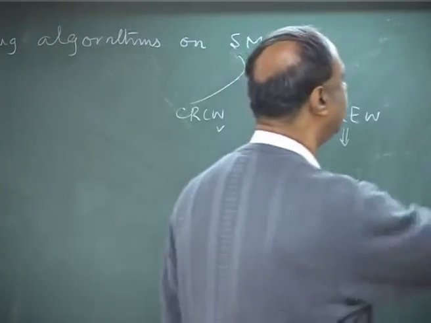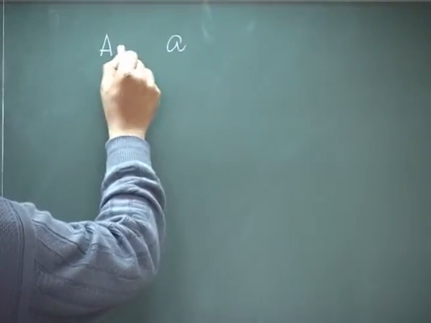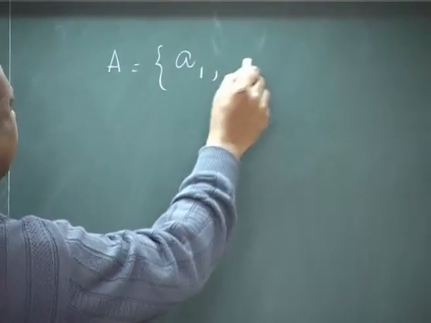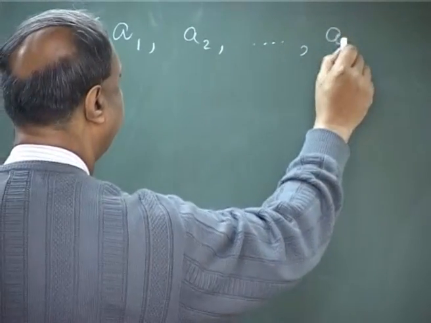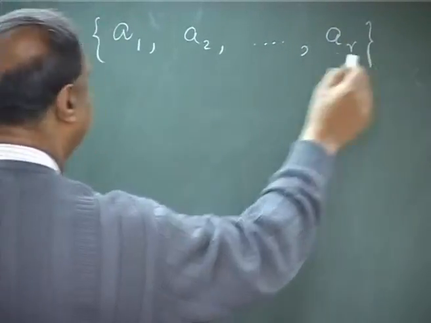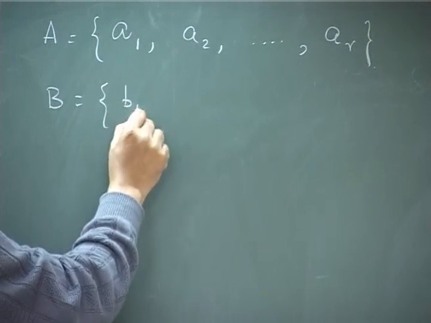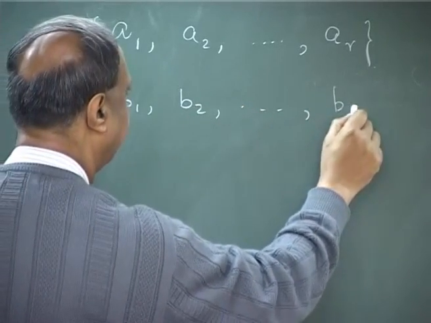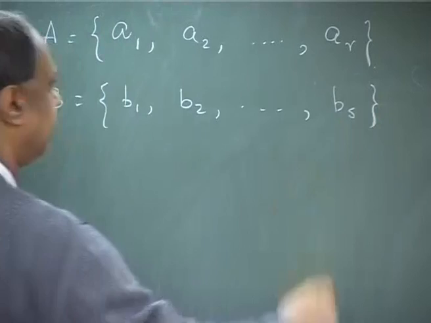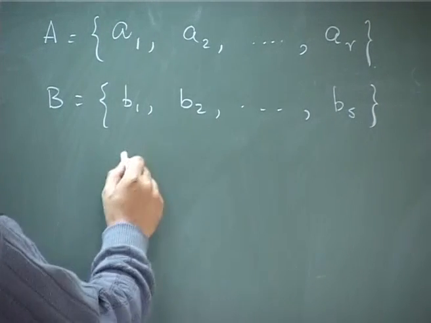Now let us assume that there are two sequences. One is sequence A1, A2, up to AR, and another sequence is B1, B2, up to BS. And these two sequences are sorted.